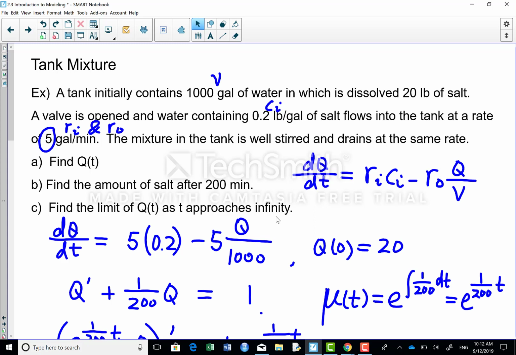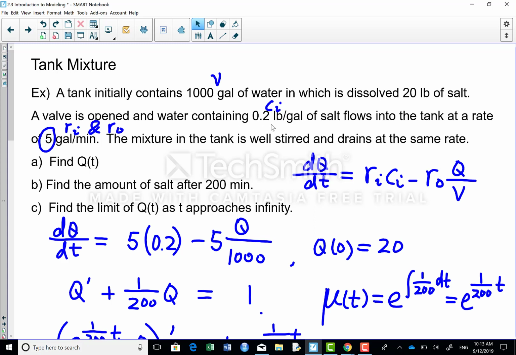So there are a lot of numbers thrown in this example. Let's recognize which is which. First of all, you should know 1,000 gallons is the volume of the solution, and 20 pounds is the initial amount of the solute. So this gives us the initial condition Q of 0 equals 20.